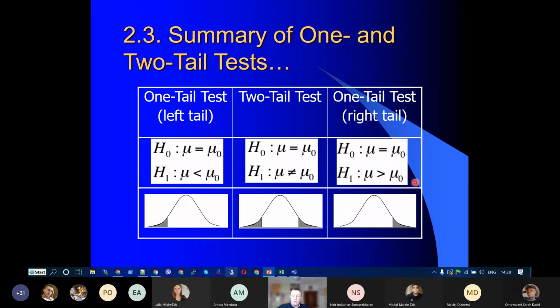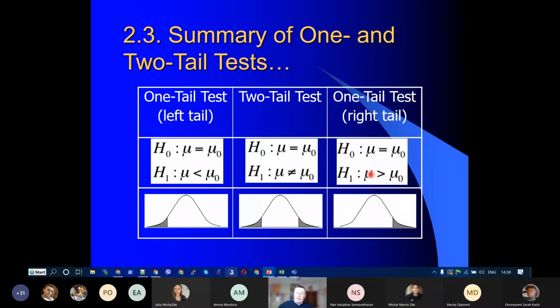The null hypothesis is not changed in all these cases, and every time it will sound like: there is no difference between the population or sample means. In a left-tailed test, the experimental sample or population mean must be less than control.